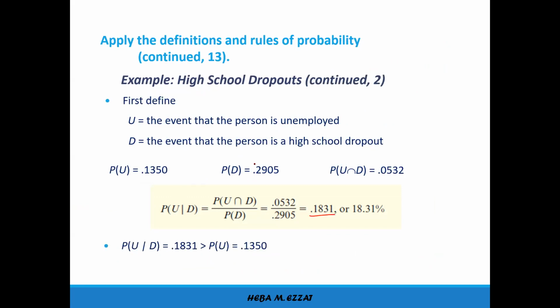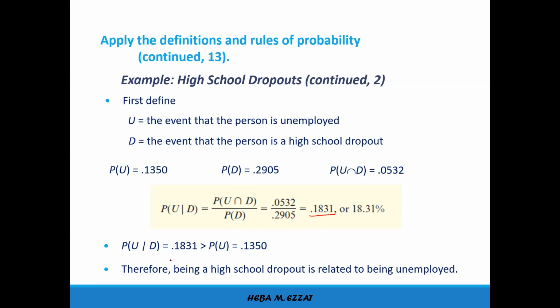Okay, and it adds an interpretation. As I told you, it's very important to know how to interpret your results. It's not important only to calculate them, but how to get the benefit of these results. So it's indicating that the probability of unemployed, given that they dropped out of high school, is 0.1831, which is higher than the probability of unemployed.